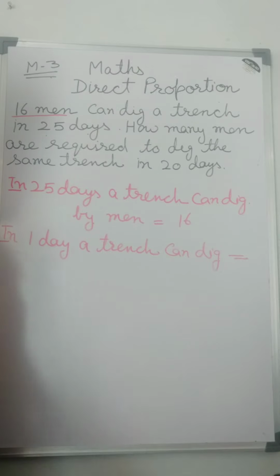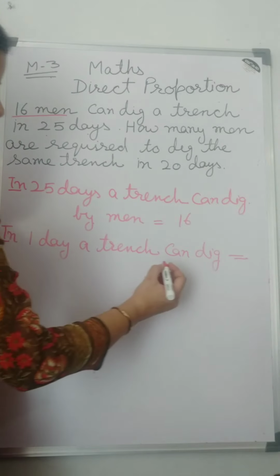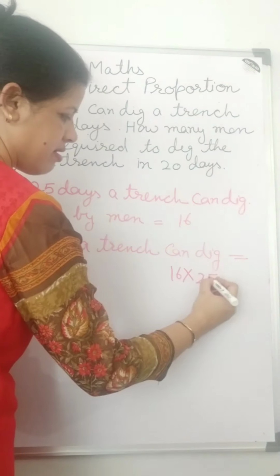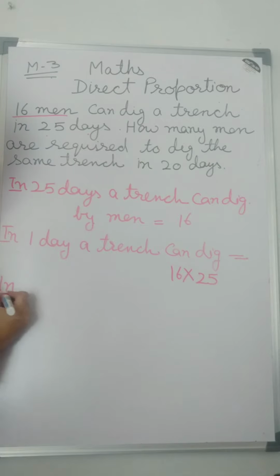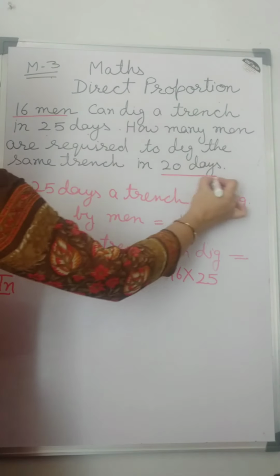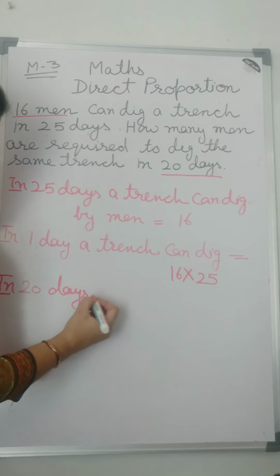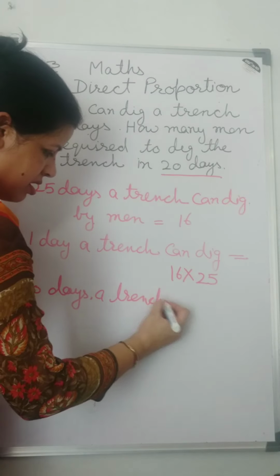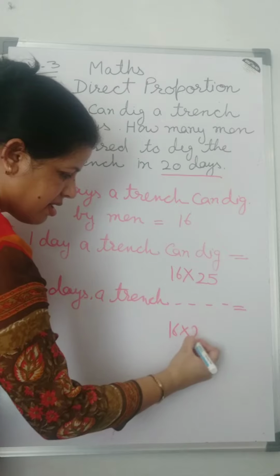We need more persons to dig a trench in 1 day. So that means this time we multiply, not divide. And in 20 days, a trench can be dug by, this time we divide.